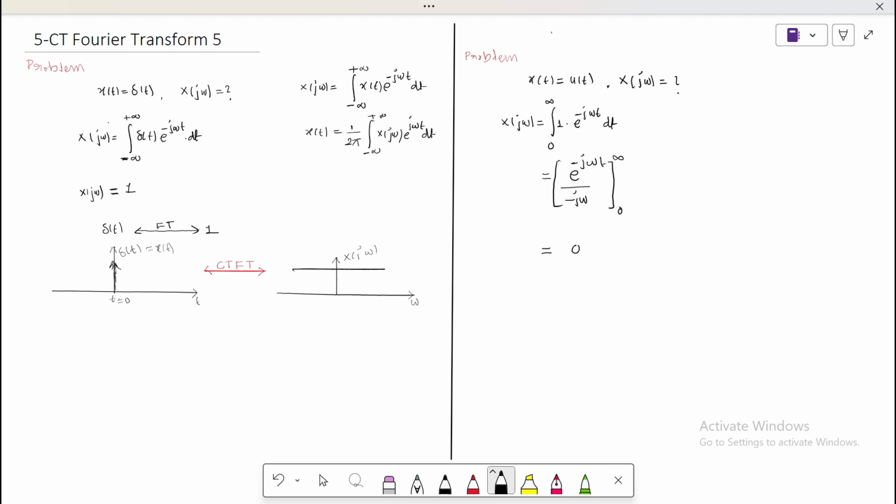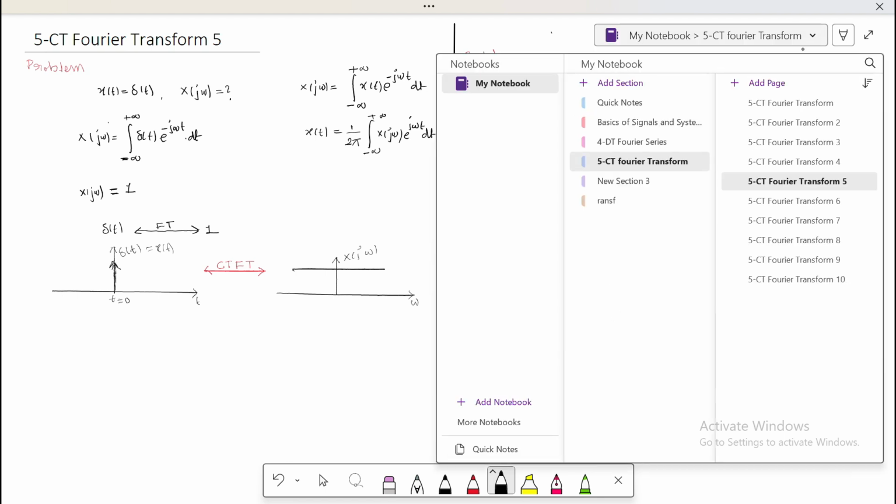So e power minus infinity is 0 and e power 0 equal to 1, so 1 by minus j omega. So X of j omega equal to, minus minus gets cancelled, then 1 by j omega. So this is the Fourier transform for the unit step. So this is the complex signal. Next problem.